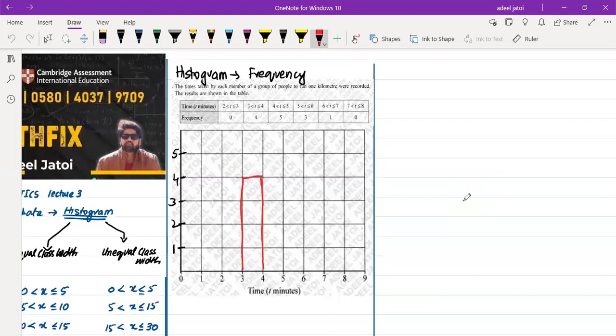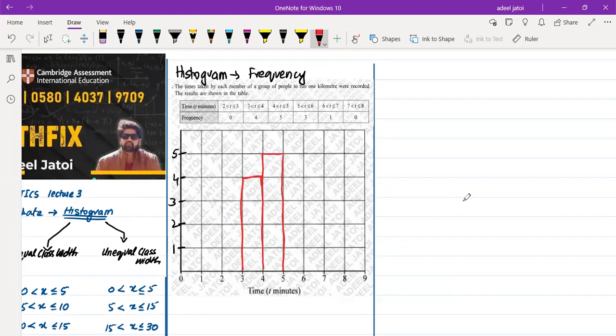Now, let's say 4 to 5. The frequency is 5 here. So we'll start from here because it's the same line that we continue. We'll go up to 5 and then drop down till the x-axis point that represents time, till 5, because 4 to 5 is represented by 5 itself.